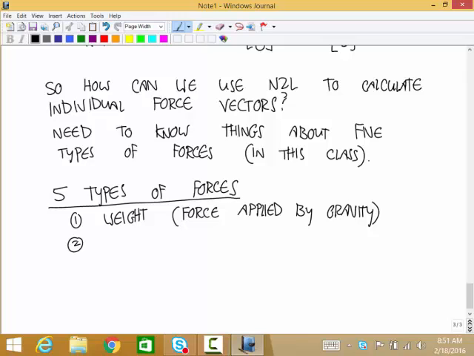The second is pushing contact. Who can guess the third one? Pulling contact, yeah.